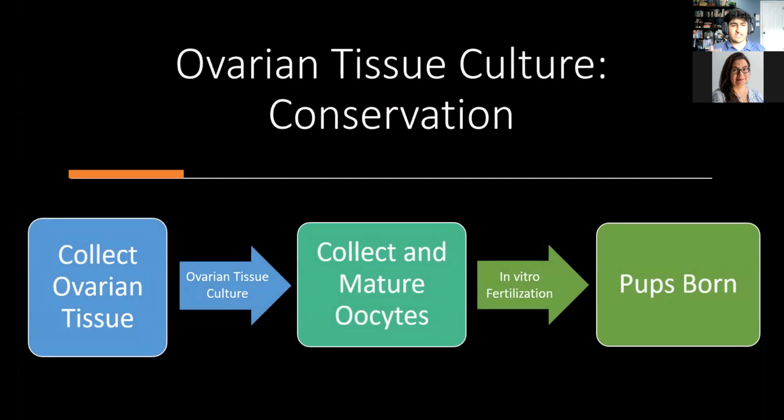Well, let's say we have an endangered species. We first want to collect ovarian tissue from that endangered species. And then in an ideal situation, we want to culture that tissue in an ovarian tissue culture system. From this, we can then collect and mature oocytes, or developing eggs. Then, through in vitro fertilization, we can have pups form, which will actually increase the number of endangered species in that population.